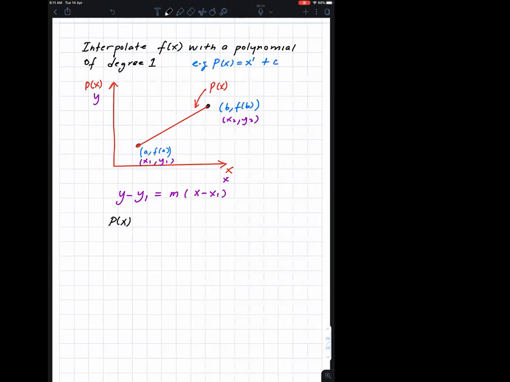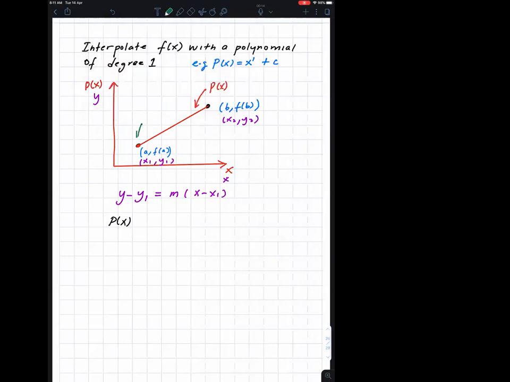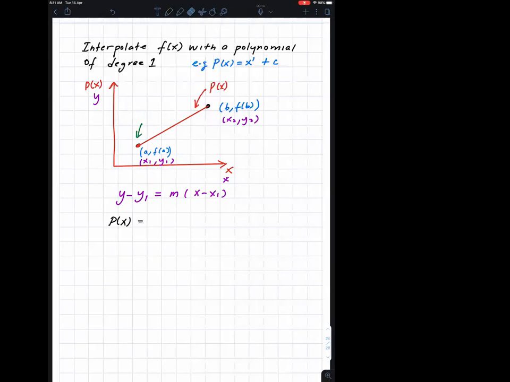If I'm choosing the left-hand point to write the equation, p(x) minus f(A) is equal to the slope. What is the slope of this line?